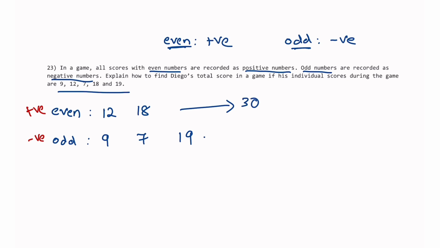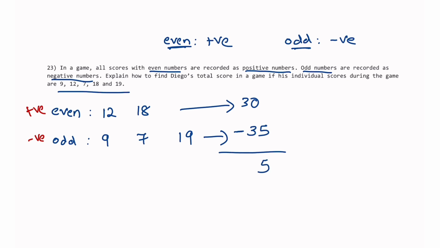And these 3 numbers together, the negative ones, the odd ones, they together 9 plus 7 plus 19 because they all are negative. So we are adding them and that comes to 35. But this is going to be a negative one, right? And so what's the answer? This is positive. 30 is positive. So 30 and 35, the difference is 5, right?